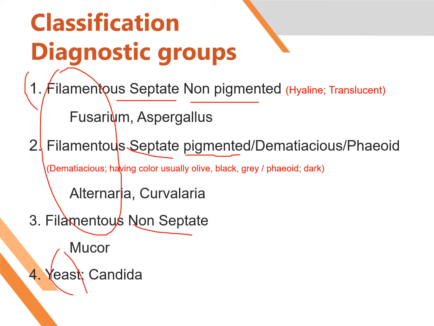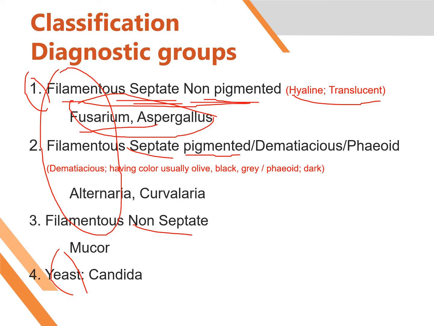So the first group is filamentous, septate, non-pigmented, also called hyaline or translucent, and the main examples are Fusarium and Aspergillus. These two are responsible for almost 98% of the fungal infections in the eye, so you need to remember Fusarium and Aspergillus, which are filamentous, septate and non-pigmented.